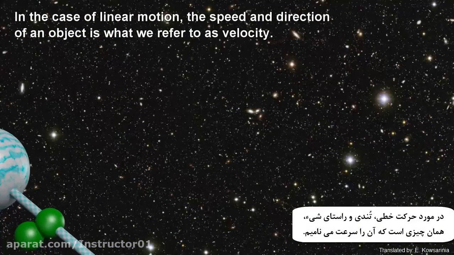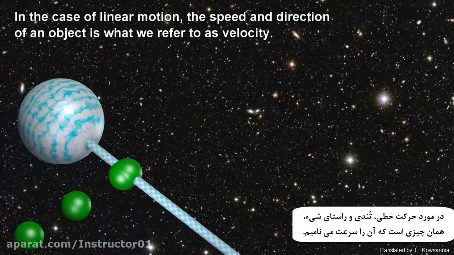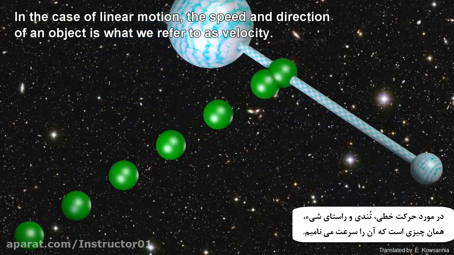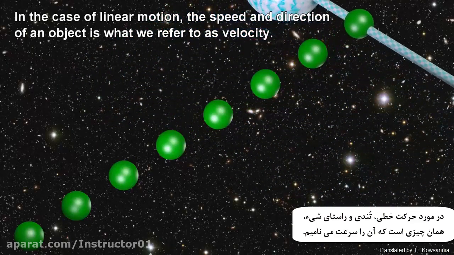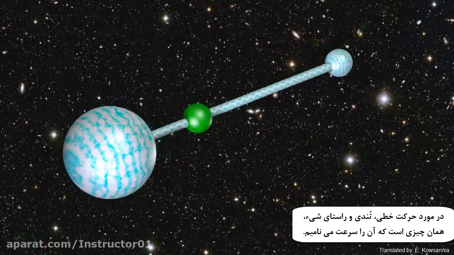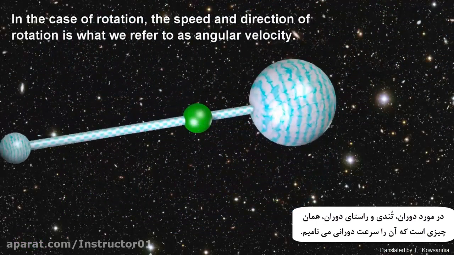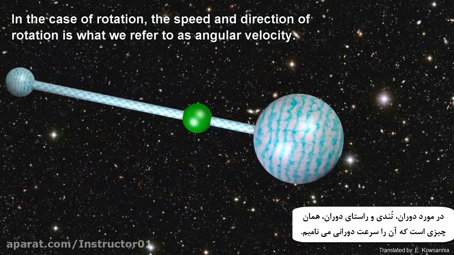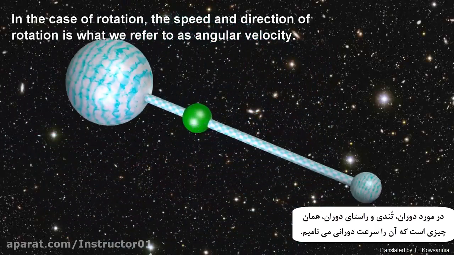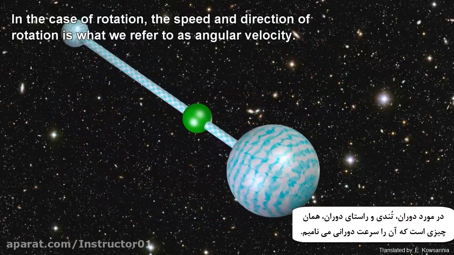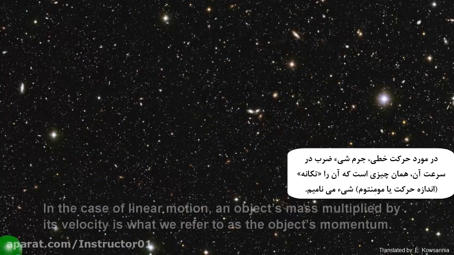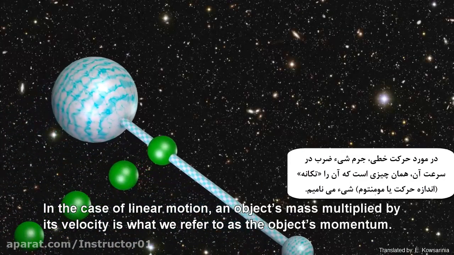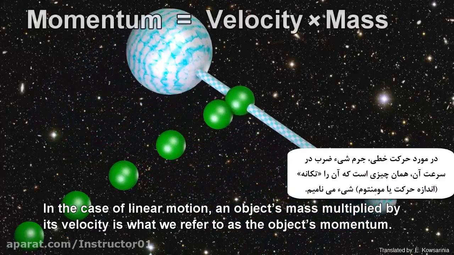In the case of linear motion, the speed and direction of an object is what we refer to as velocity. In the case of rotation, the speed and direction of rotation is what we refer to as angular velocity. In the case of linear motion, an object's mass multiplied by its velocity is what we refer to as the object's momentum.